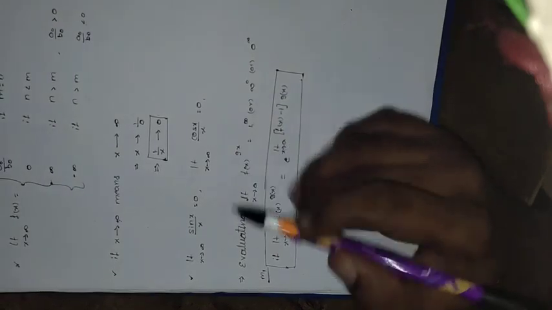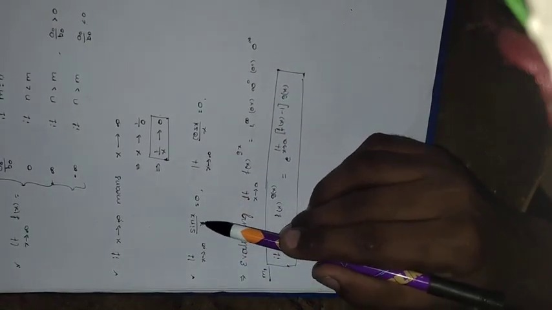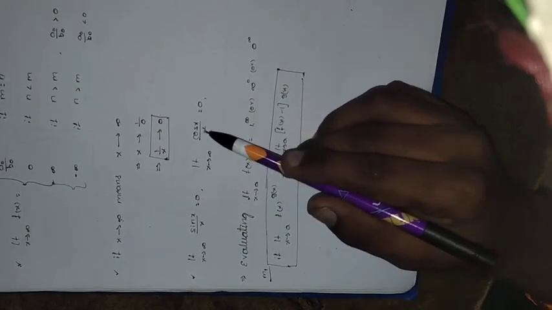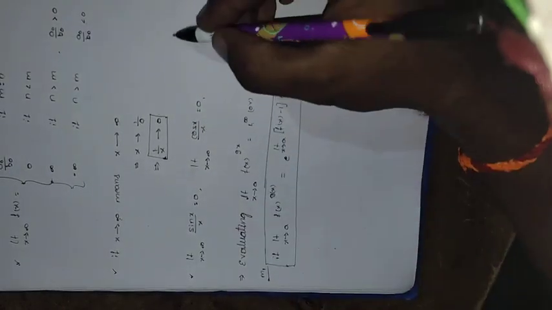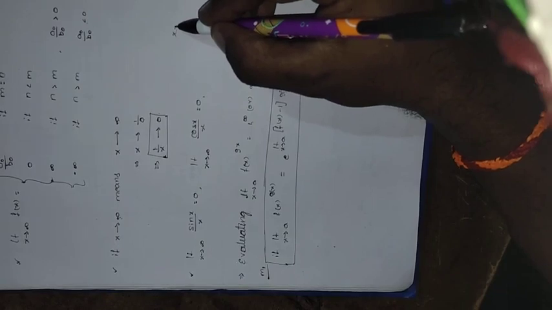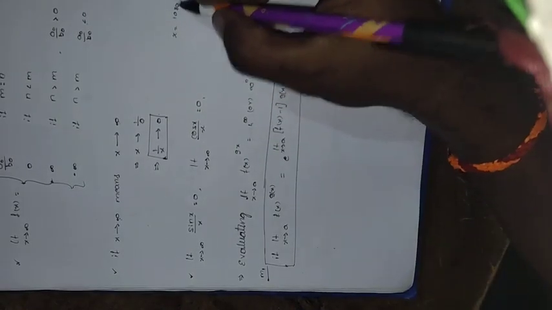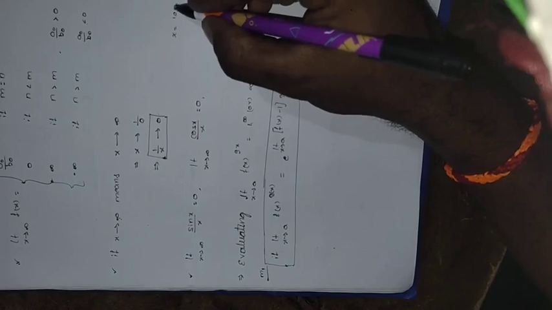Next, some formulas. Limit x tends to infinity of sin x by x is 0. Limit x tends to infinity of cos x by x is 0. A small thing here: for example, x is equal to some 1080 or 1000-something value, suppose 1050.